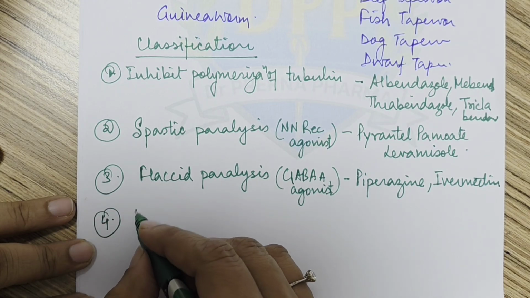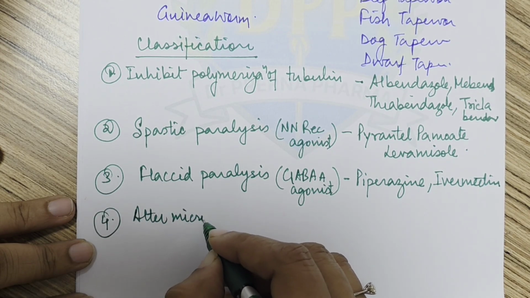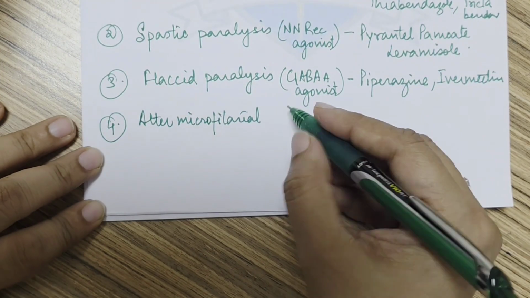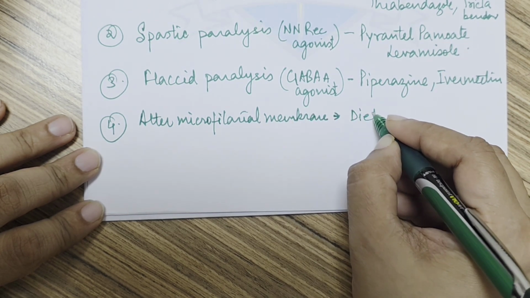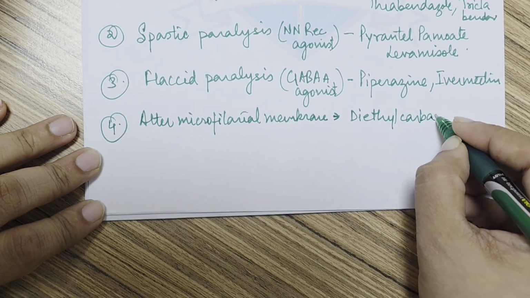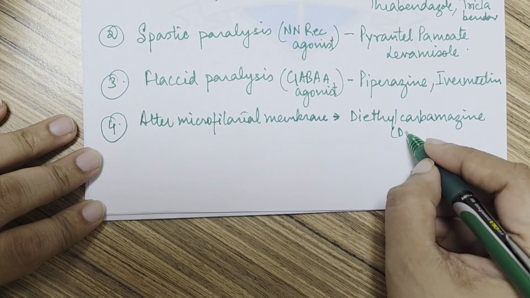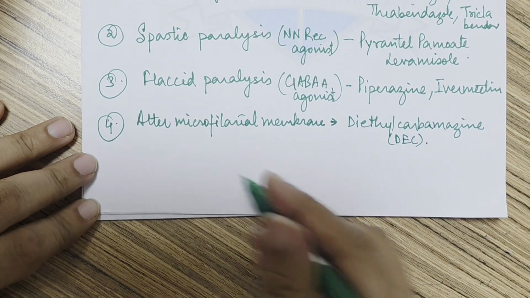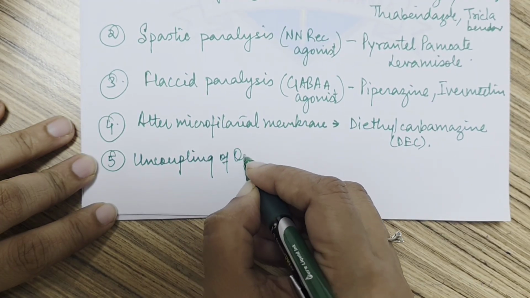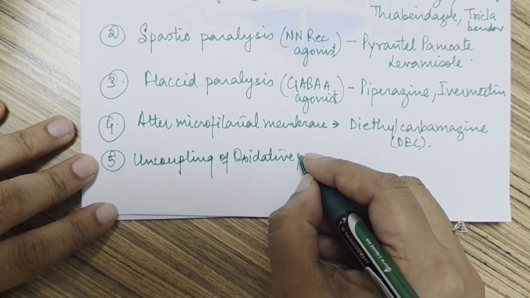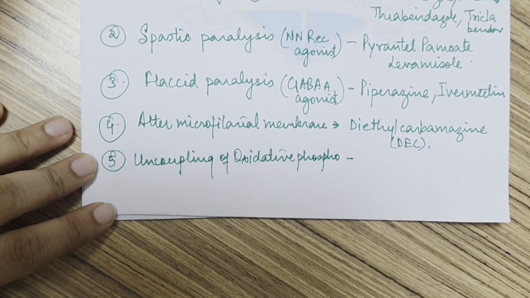Fourth category is drugs which alter the microfilarial membrane. So that is diethylcarbamazine, that is DEC, right? Then we have drugs which cause uncoupling of oxidative phosphorylation.